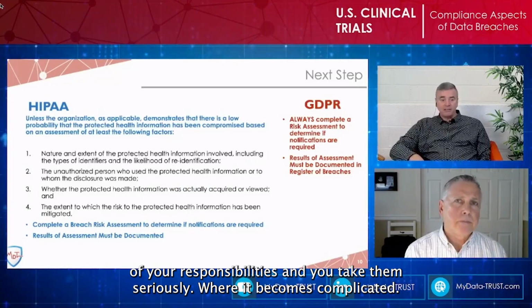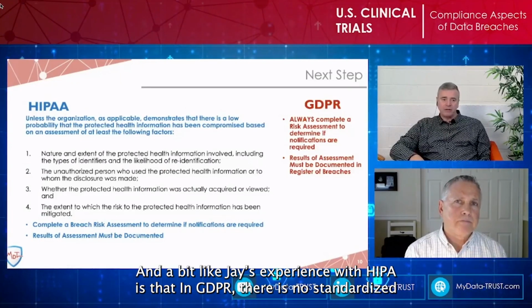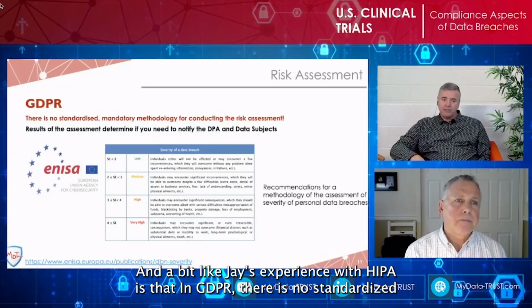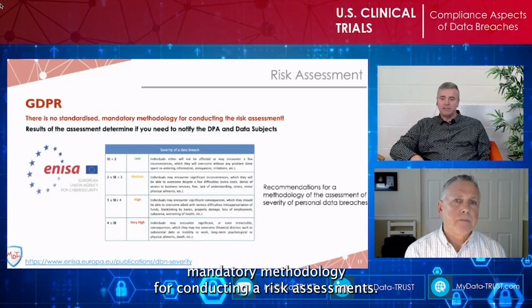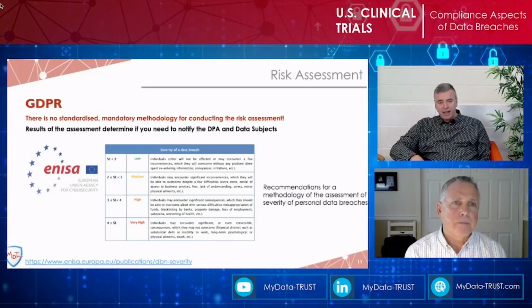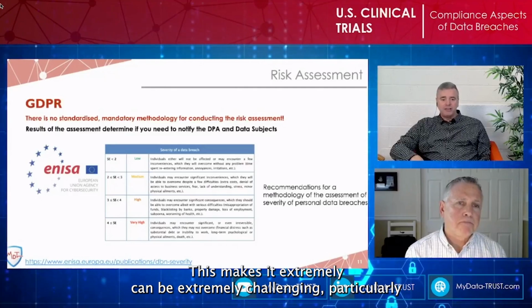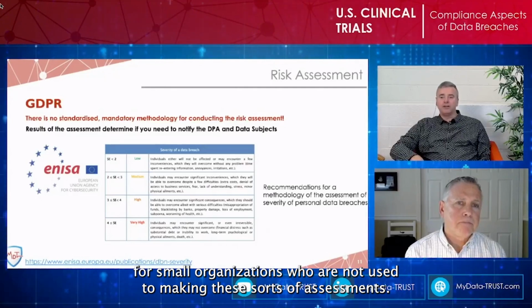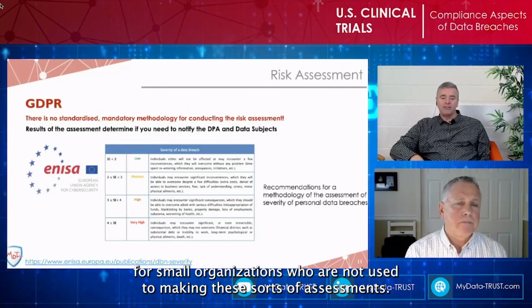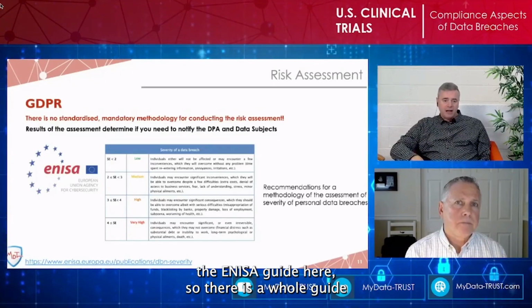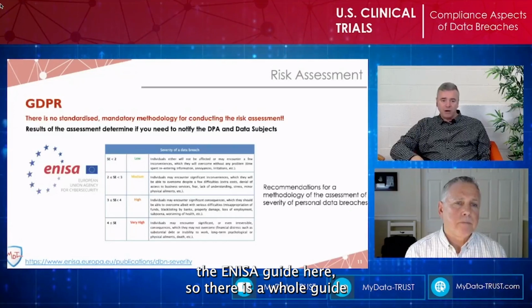Where it becomes complicated, and a bit like Jay's experience with HIPAA, is that even in GDPR, there is no standardized mandatory methodology for conducting a risk assessment. This can be extremely challenging, particularly for small organizations who are not used to making these sorts of assessments. I've mentioned the ENISA guide here.